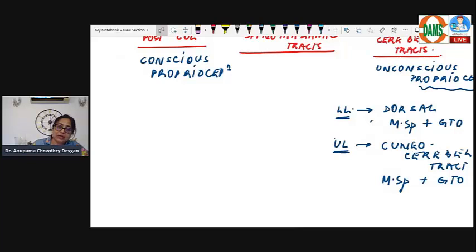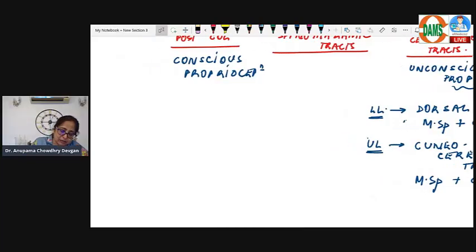Now, for posterior column, what are the sensations carried by the posterior column? What is unconscious proprioception? Unconscious means you are not aware, you are not conscious of that. For instance, if I ask you what is the position of your elbow, you are aware of the position, that is conscious proprioception. So that is my posterior column. But you're not aware of the position of every muscle, every joint in the body, right?